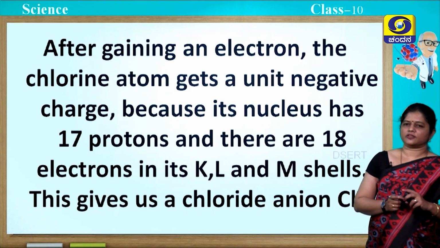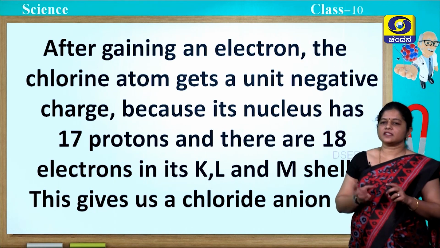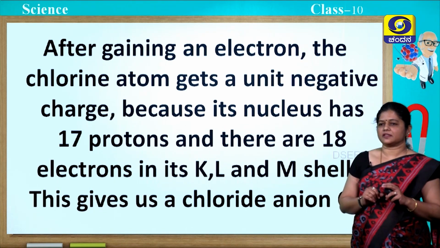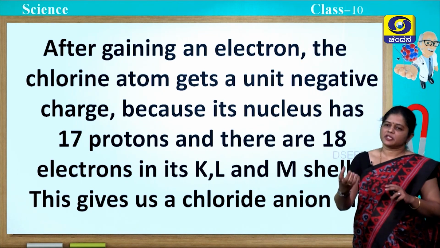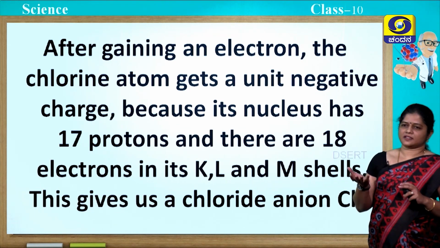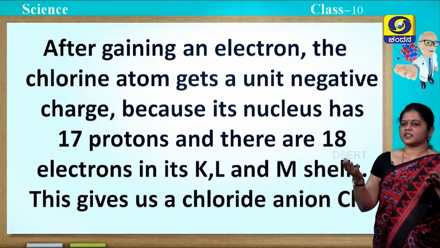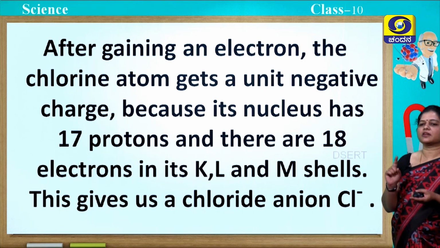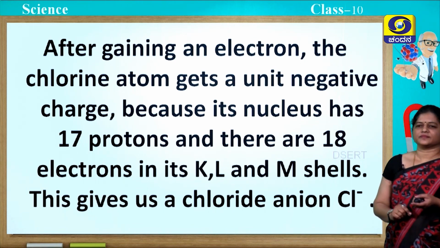After gaining one electron, the chlorine atom gets a negative charge because its nucleus has got 17 protons and there are 18 electrons, because it has taken up the electron that was given away by the sodium. So, the net negative charge has increased over the positive. So, 17 plus and 18 minus will give 1 minus. So, the chlorine becomes a chloride anion, Cl minus.